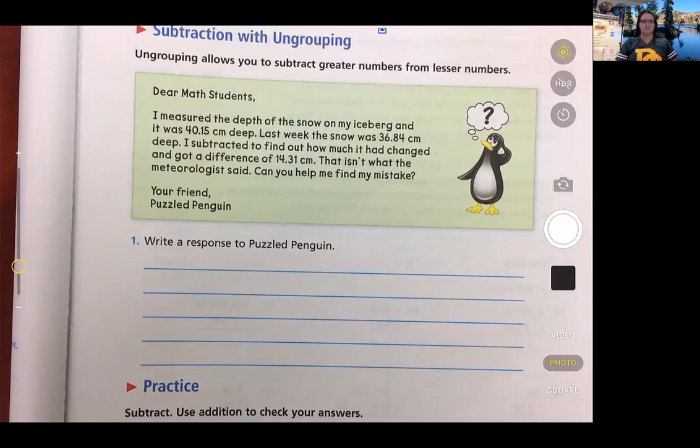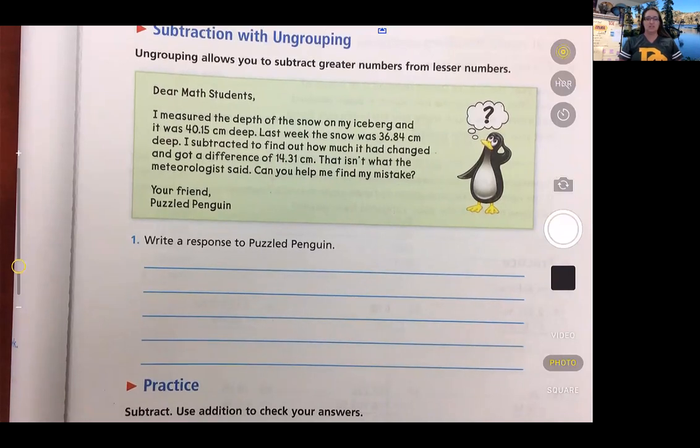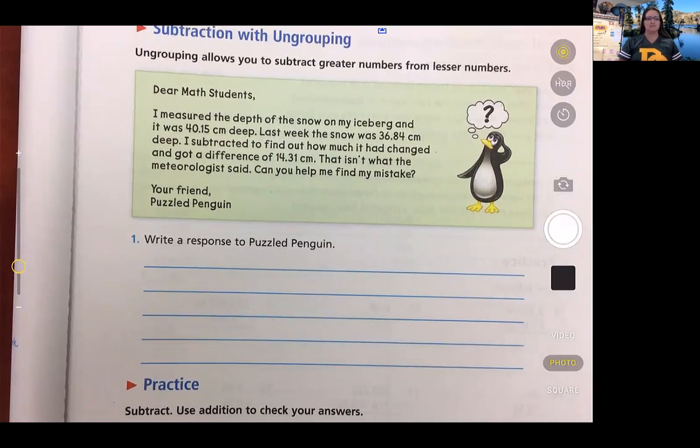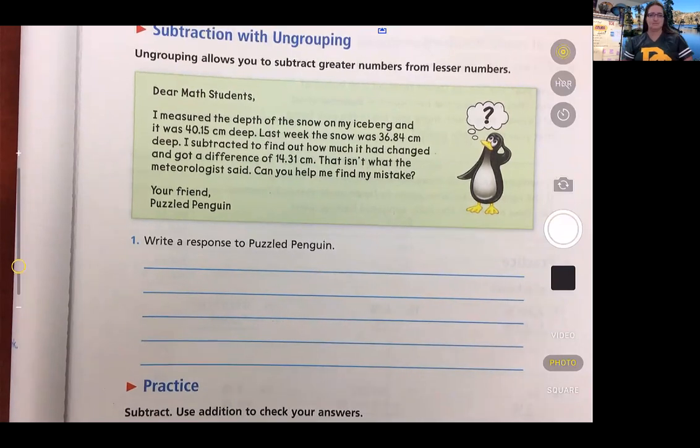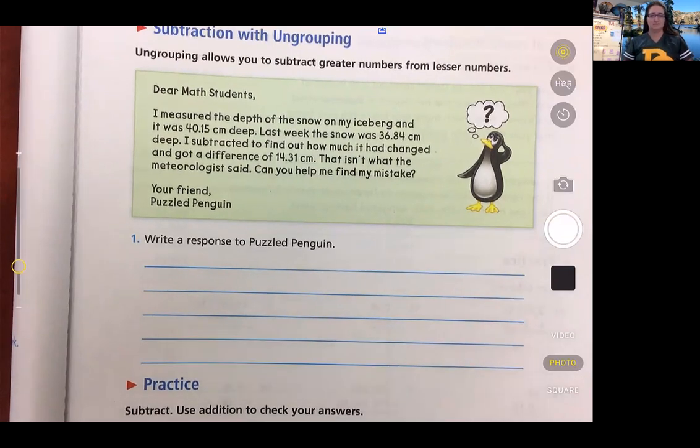That is what my meteorologist said. Can you help me find my mistake? Does anybody know what he did wrong? Maybe go ahead and subtract those numbers and see what you get.